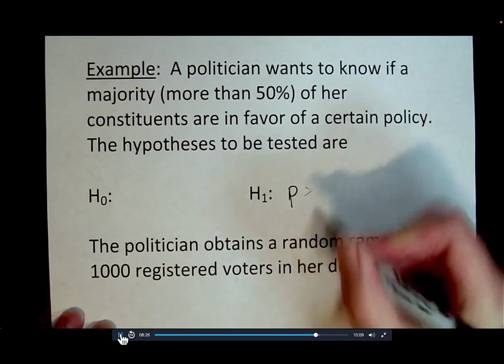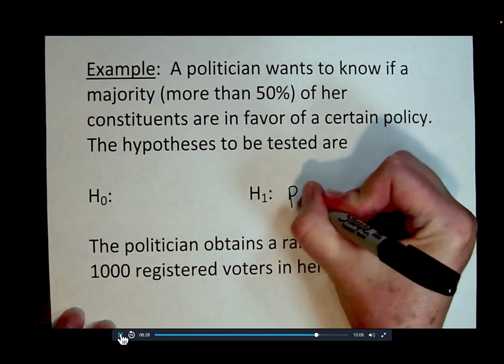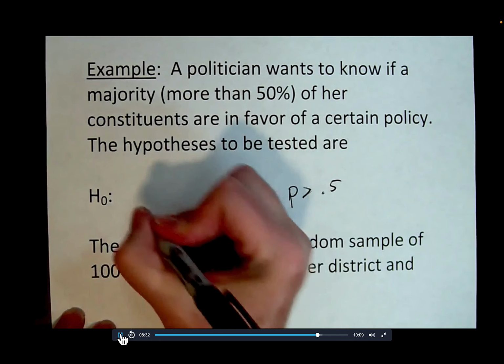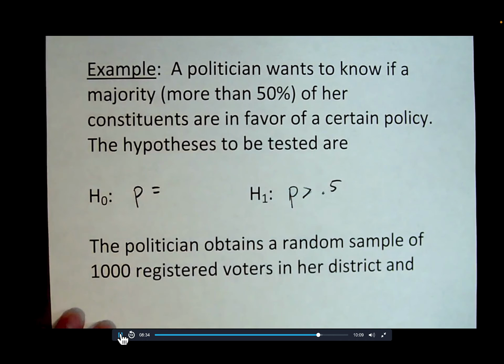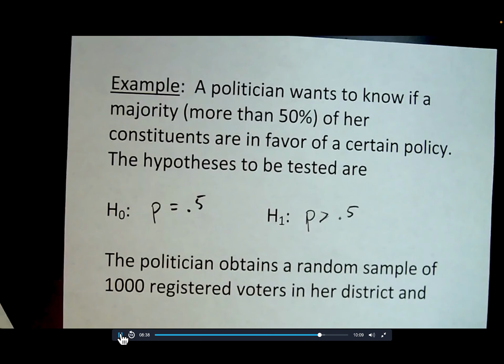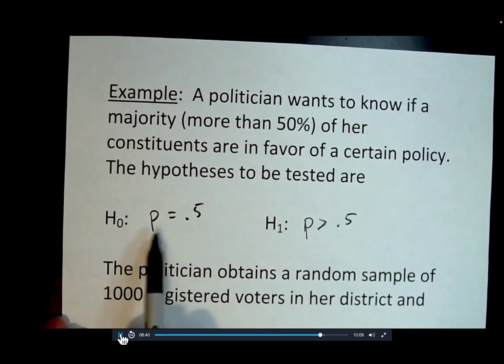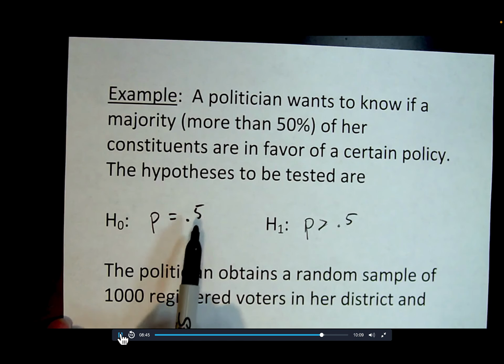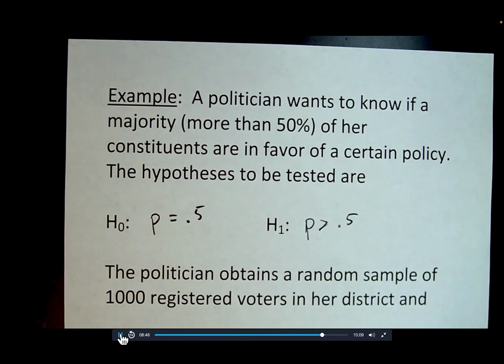So what she needs to know is whether the proportion is actually greater than 0.5. The null hypothesis is always going to be the same statement with an equals in there. Notice that the null hypothesis, saying that 50% of her constituents are in favor of the policy, is saying there's no difference between the number of constituents that are in favor and aren't in favor.